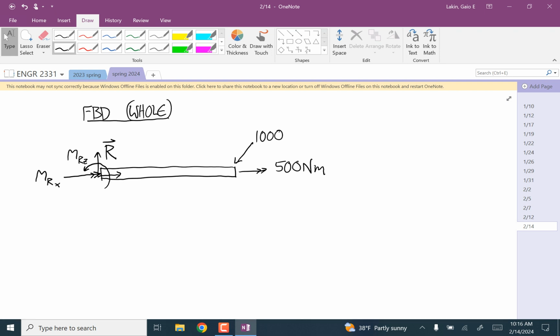So remember that the direction of a couple vector is always the direction your thumb is pointing in the right-hand rule. Okay, so what this is saying is this component of the couple is applying a twisting load this way on that beam.